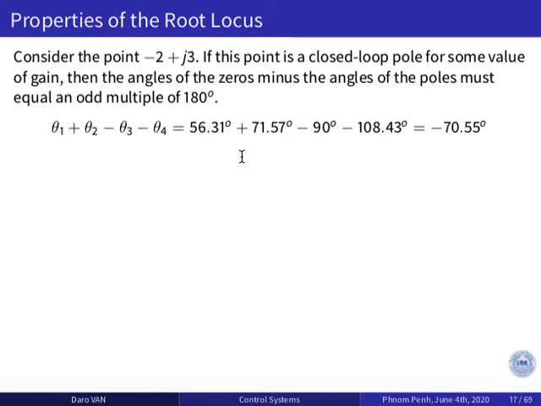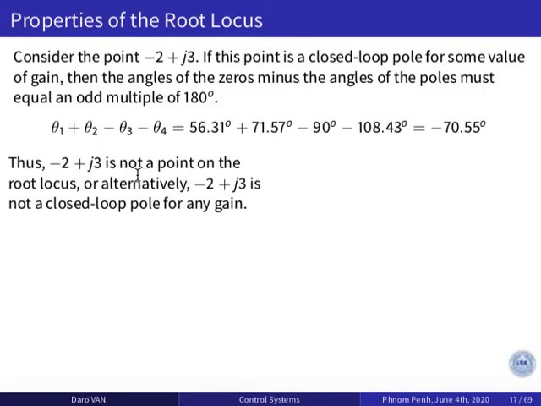So if you do the math, you can see that the angle is minus 70.55, which is not equal to an odd number multiplied by 180. So you can conclude that -2 + j3 is not a point on the root locus. Or alternatively, this -2 + 3j is not a closed loop pole for any gain.